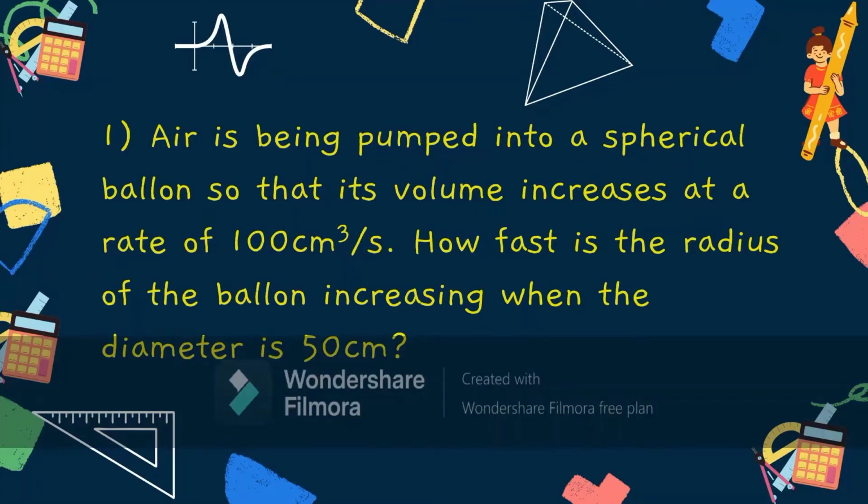Problem statement 1. Air is being pumped into a spherical balloon so that its volume increases at a rate of 100 cm³ per second. How fast is the radius of the balloon increasing when the diameter is 50 cm? In this question, we have to find dr over dt, which is the change of radius over the change of time.